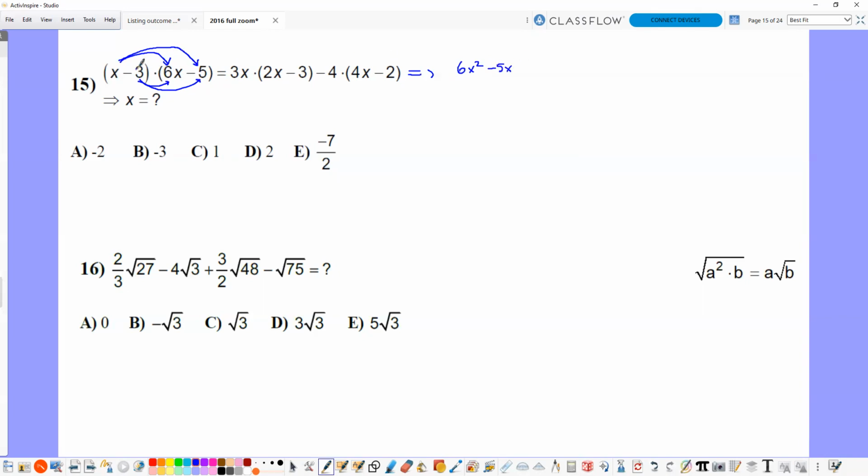Then minus 3 times 6x is equal to minus 18x, and minus 3 times minus 5 is equal to plus 15. By the way, I need to mention that we are multiplying the signs also, minus 3 times minus 5, as you see. So 3x times 2x is going to be equal to 6x squared.